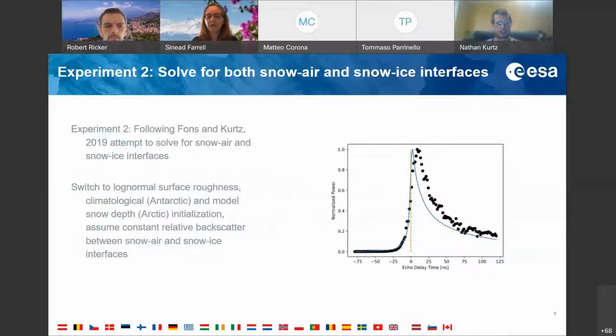And so what this does is attempt to solve for both the snow-air and the snow-ice interfaces within the model. And for these experiments, we switched to a log normal surface roughness distribution, initialized the model with a guess at a climatological snow depth for the Antarctic, and the Nososum model for the snow depth for the Arctic, but assumed a constant relative backscatter between the snow-air and the snow-ice interfaces.